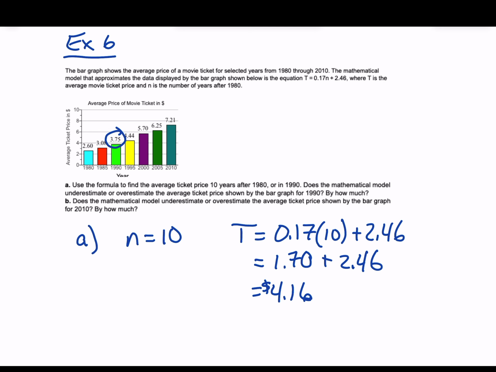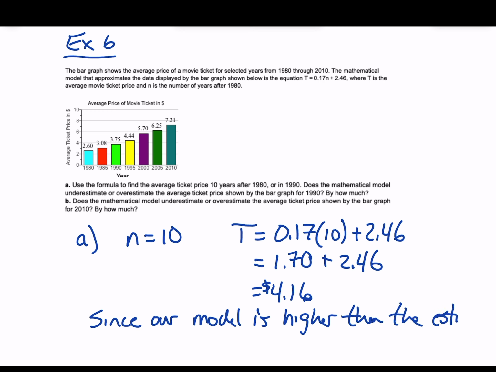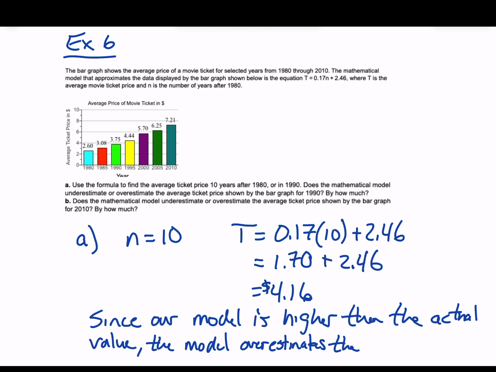the number was 3.75. So since our model is higher than the actual value, the model overestimates the average ticket price.